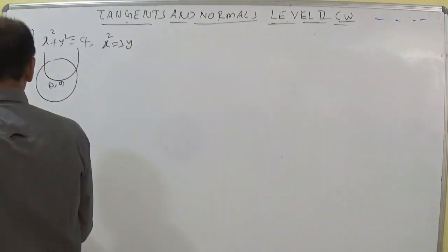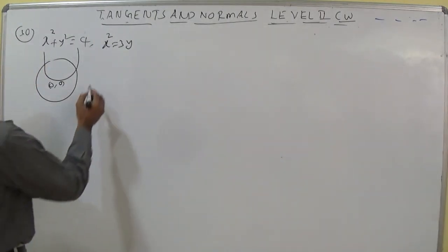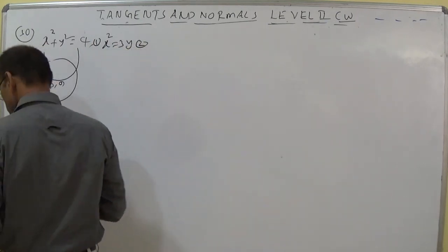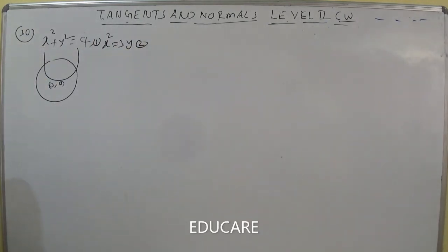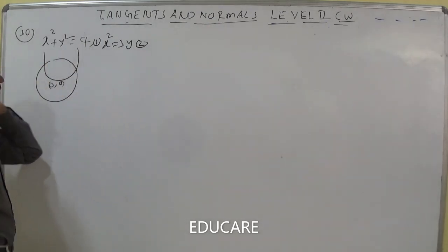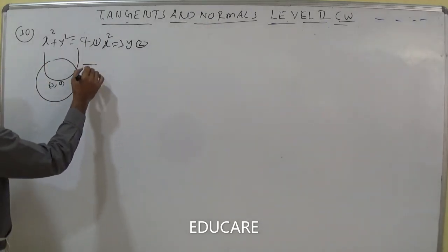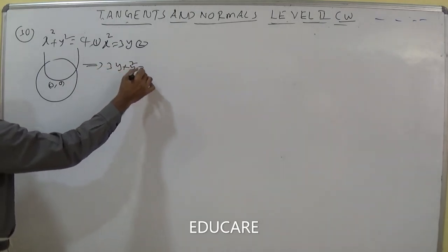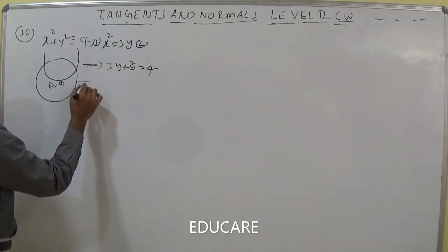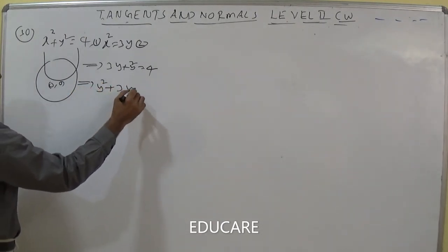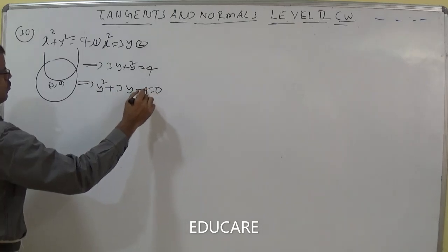First of all, we should calculate the point of intersection. Let the first equation be x square plus y square equal to 4, and this is the second equation. Substitute x square equal to 3y in 1. That implies 3y plus y square equal to 4, so y square plus 3y minus 4 equal to 0.